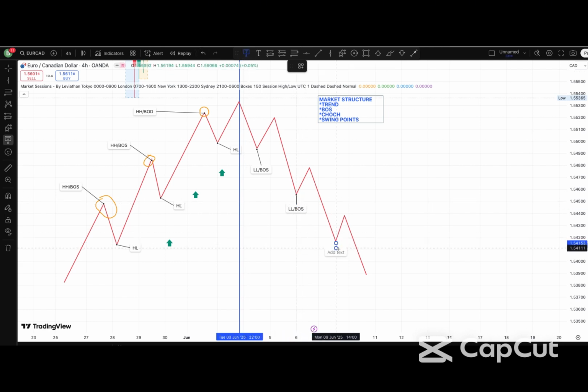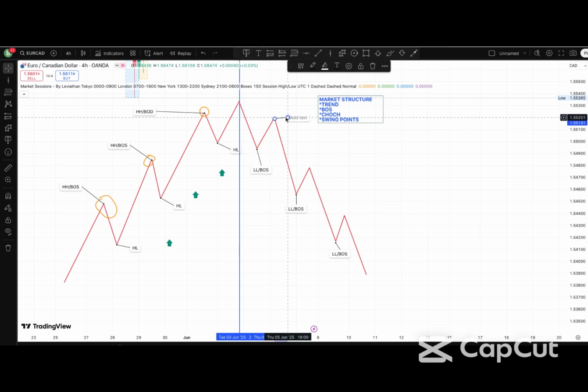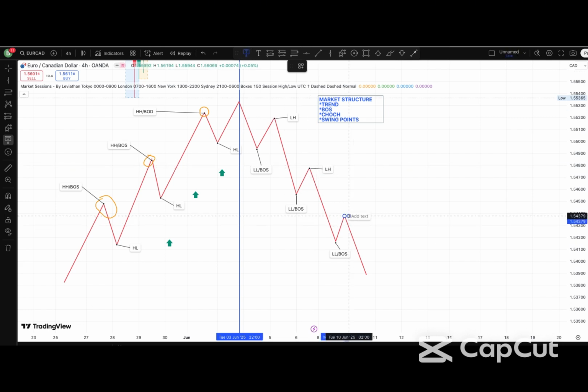The lower low is a BOS, right? And here is a lower high. Lower high at that point exactly. When the trend is shifting to the upside, creating new higher highs and higher lows, this is the uptrend. And when it's creating new lower lows and lower highs, this is the downtrend.